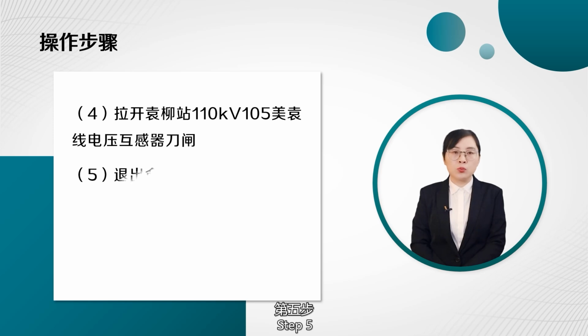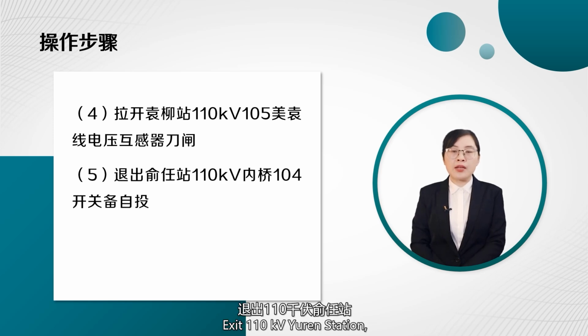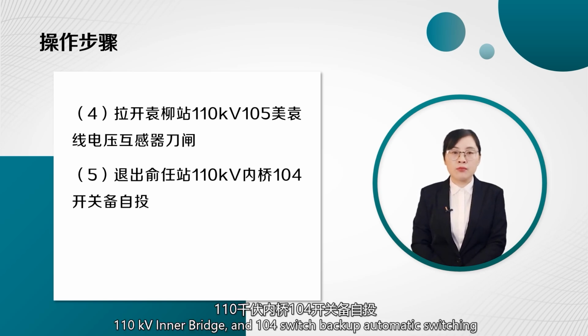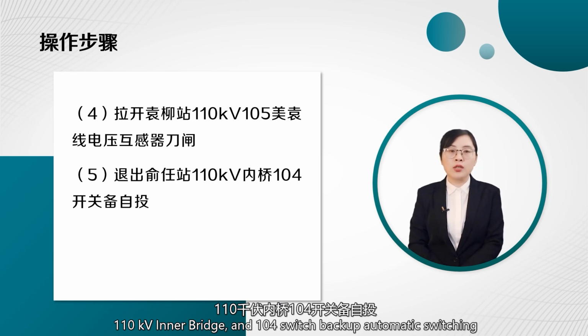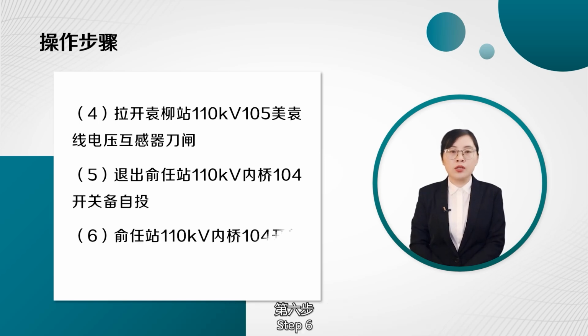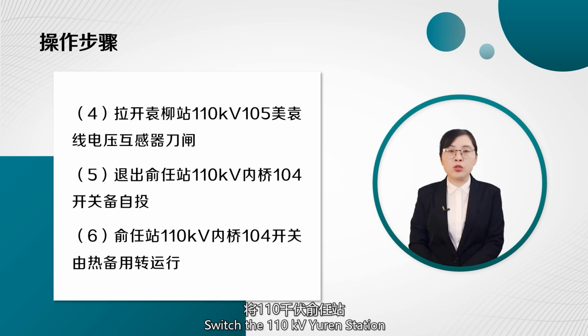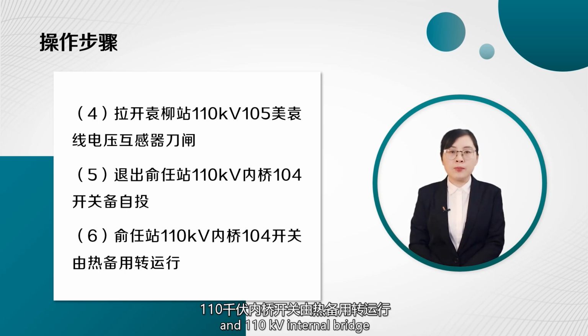Step 4. Open the knife switch of the voltage transformer at the 110 kV 源流 station 110 kV 105 line. Step 5. Exit the 110 kV 渔人 station 110 kV inner bridge 104 switch backup automatic switching. Step 6. Switch the 110 kV 渔人 station 110 kV inner bridge switch from hot standby to operation.